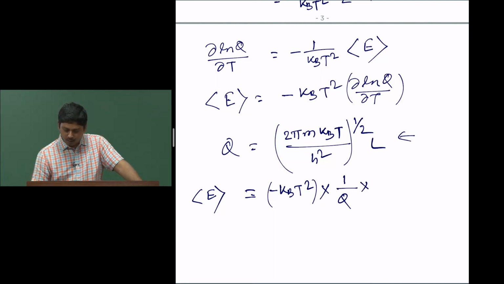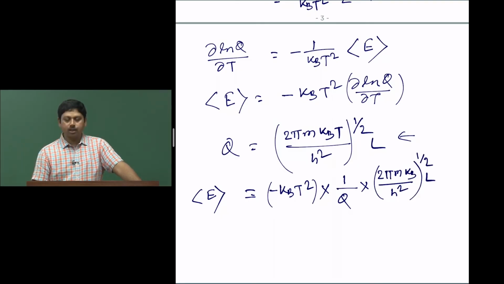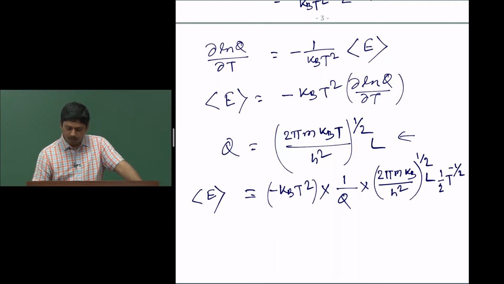Now in that, 2 pi m k_B, h square, the half and L are all constant. So, I have to basically do the derivative of T to the power half. T to the power half gives half T to the power minus half. Now our thing is almost done.